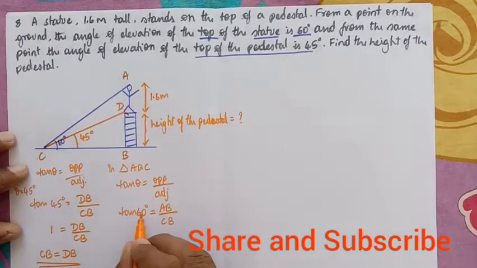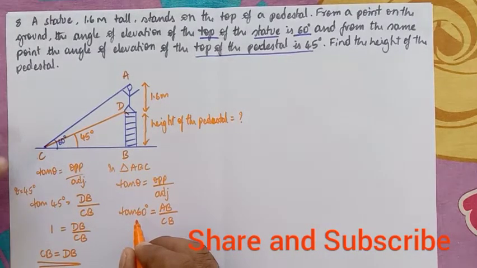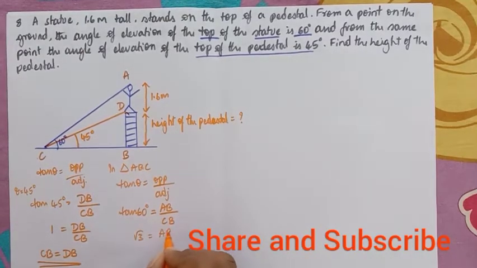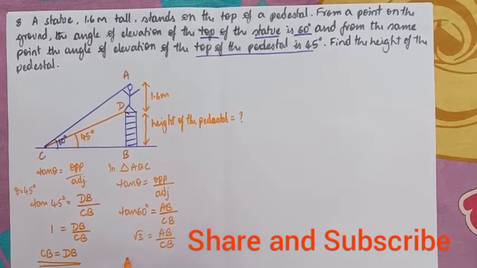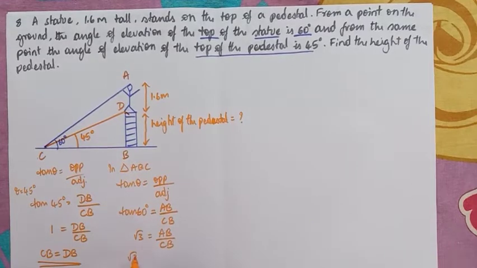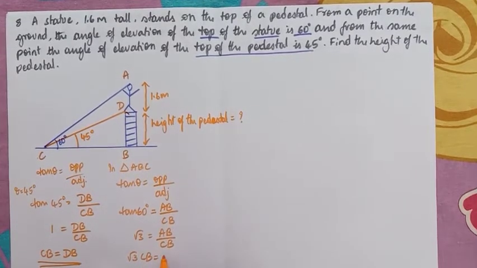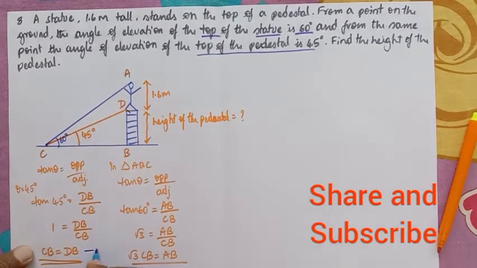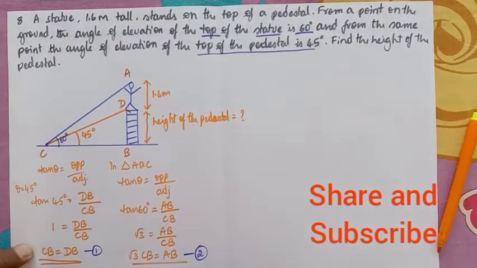You already know tan 60 degree is root 3, equal to AB by CB. So root 3 CB is equal to AB. Let me call this as 1 and this as 2.